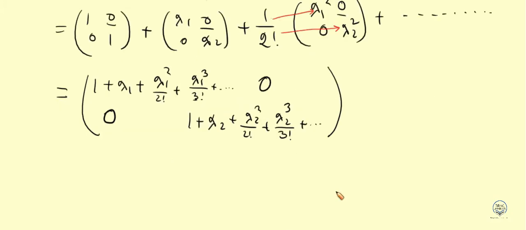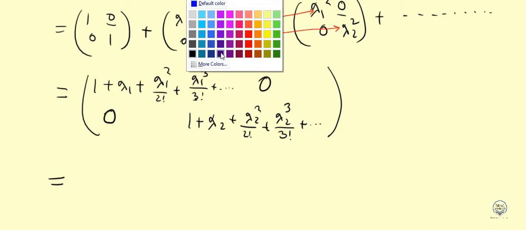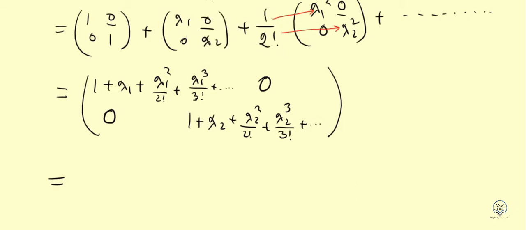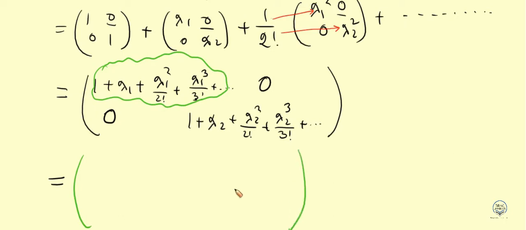Now if you notice, we actually have a very nice result, and that is this pattern over here. Let me just use another color to indicate that. This is an exponential pattern, that is, this series is just an exponential series of lambda 1. So now we can write this thing as e to the power... okay, this color doesn't seem pretty good, so let me just get rid of these things.